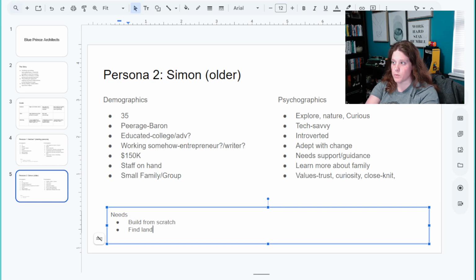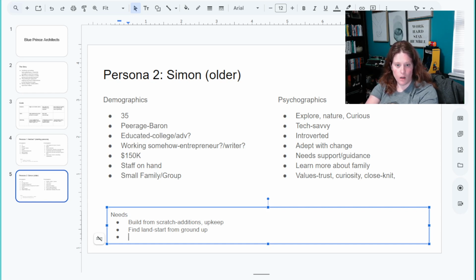Again, that was part of the storyline for this company: they could find land and start from the ground up. I'll say upkeep as well, but again, additions and whatnot for the build from scratch.